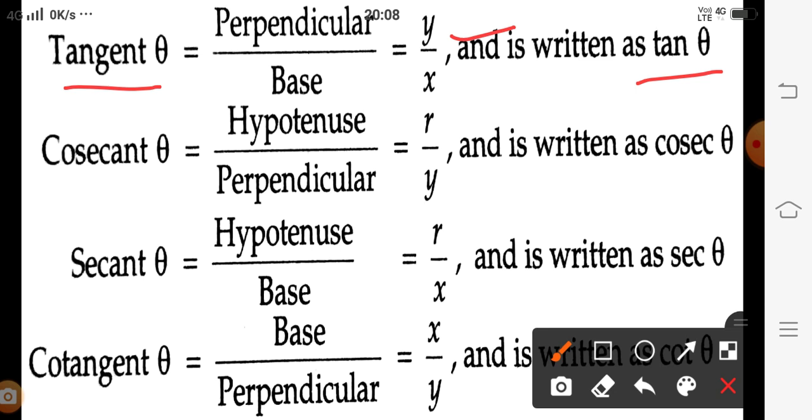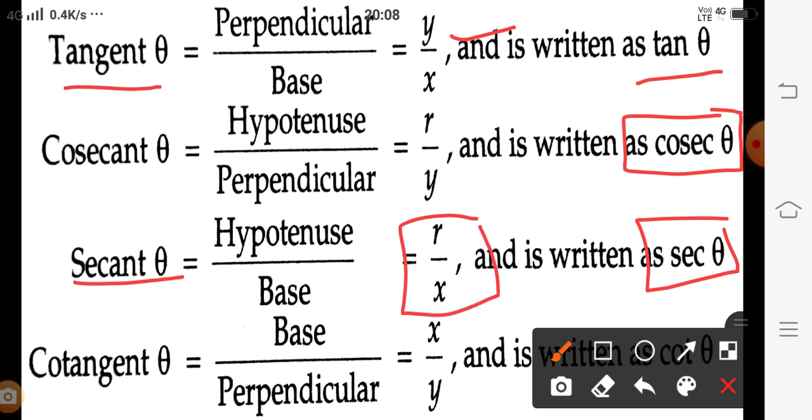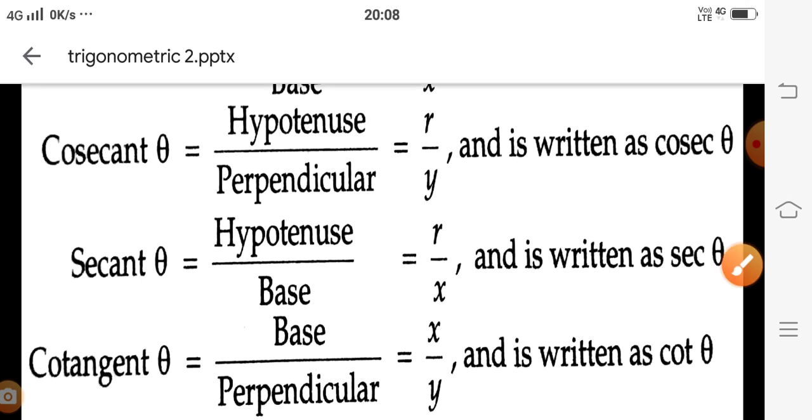Cosecant is written as hypotenuse upon perpendicular, the reciprocal of sine theta, and it is written as cosec theta. Secant is the reciprocal of cos, and it is written as sec theta, and we are getting r upon x, means the hypotenuse upon base. Cotangent we are getting the reciprocal of tan theta, and this we are writing as cot theta.